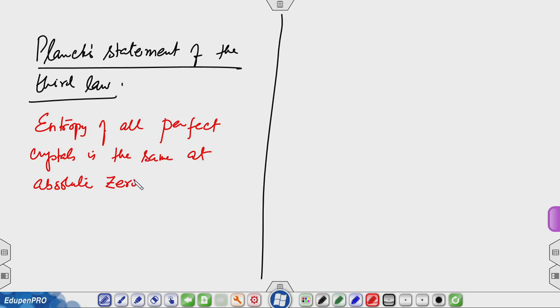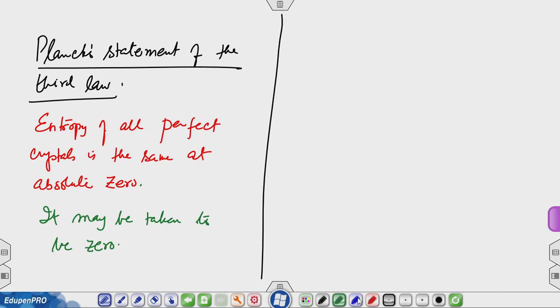That means all perfect crystals at absolute 0 will have the same entropy, and therefore, it may be taken to be 0. Since this is the same, I can take the reference point and make it 0.